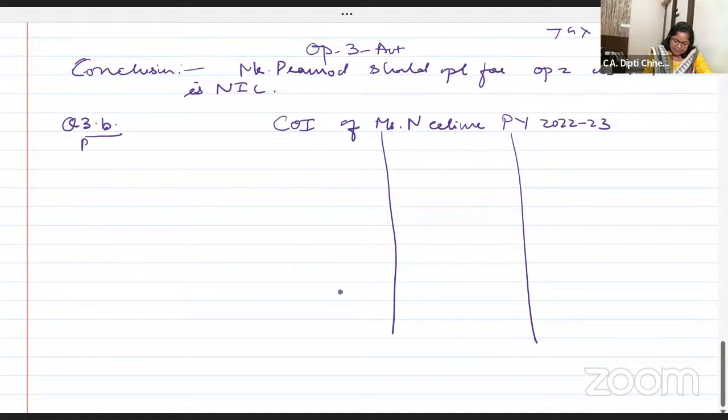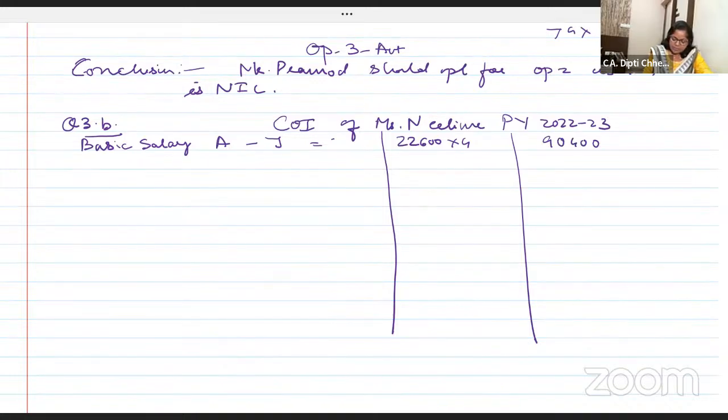Yeah, let us take the basic salary. Basic salary, April, May, June and July, 4 months. 22,600 into 4, 90,400.